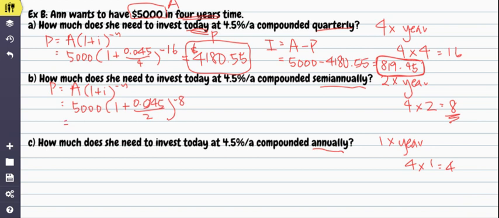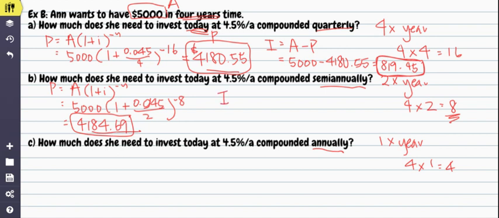So this comes out to $4,184.69. So you can see that this amount is actually higher than this amount. So when I compound more frequently, I have to put less money in. So I'm going to earn more interest.